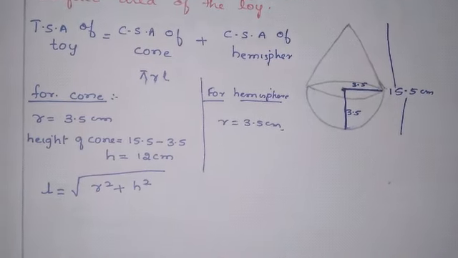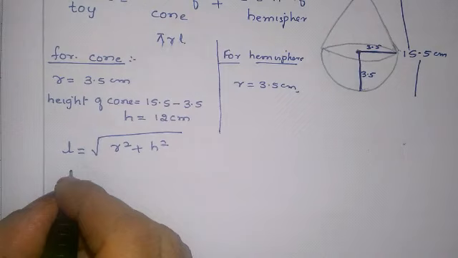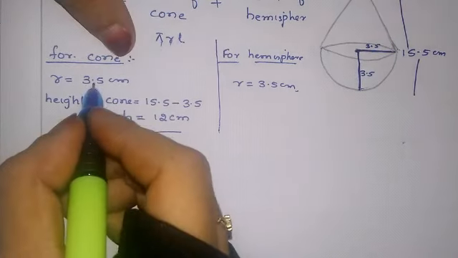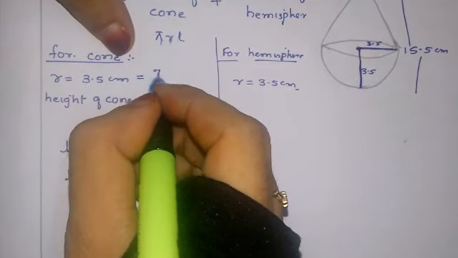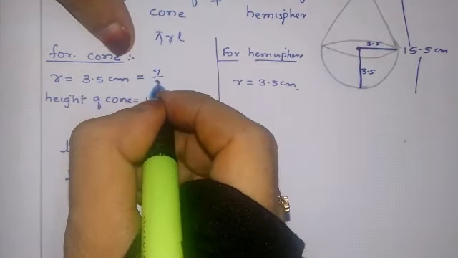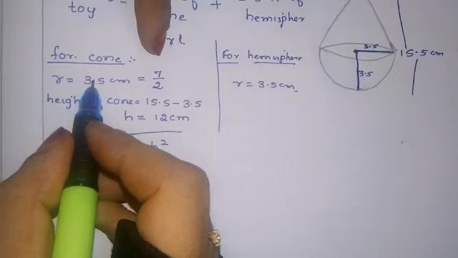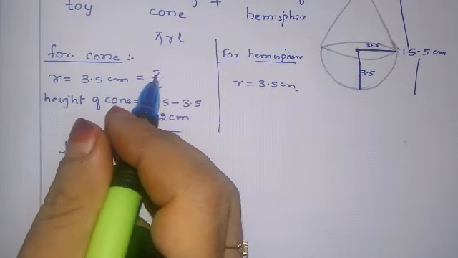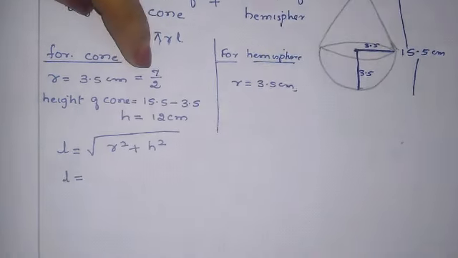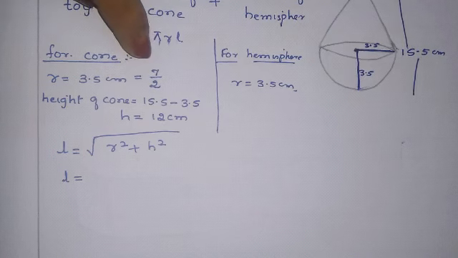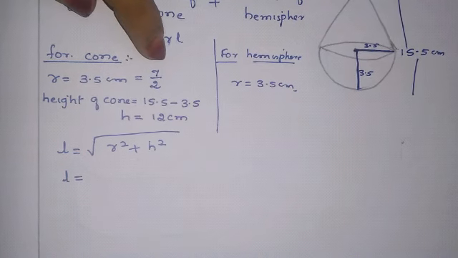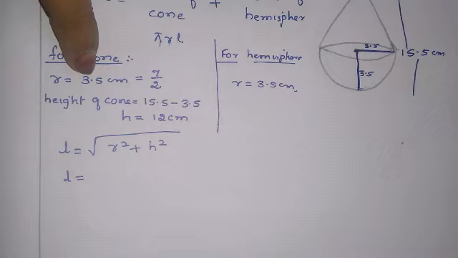Instead of 3.5, I will write 7 by 2 so that we can easily solve. If it is in fraction form, we can easily solve instead of decimal.